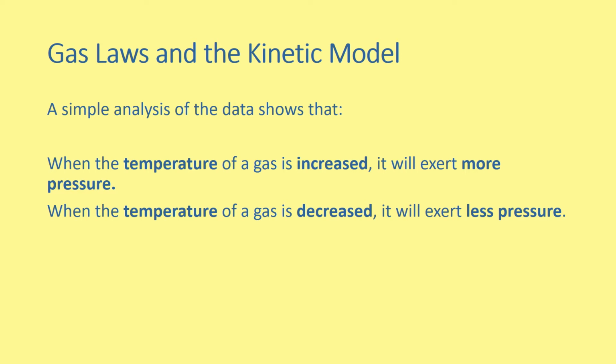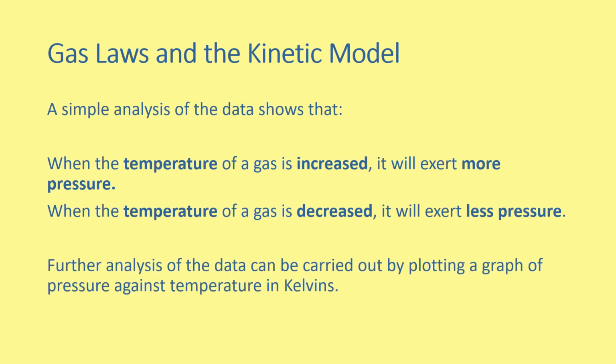This is simple language to explain Gay-Lussac's law, simpler than is acceptable for N5, but it should get the idea of the relationship between pressure and temperature across to you. The next slide shows a further analysis of Gay-Lussac's data.